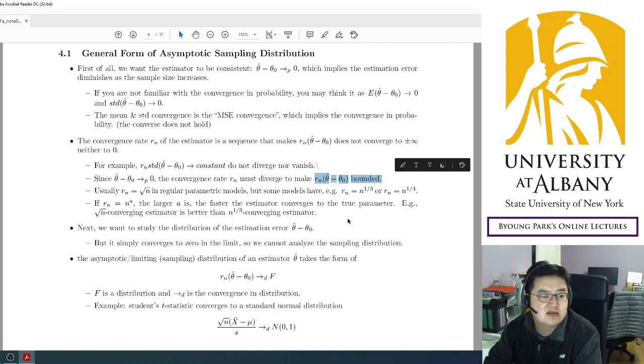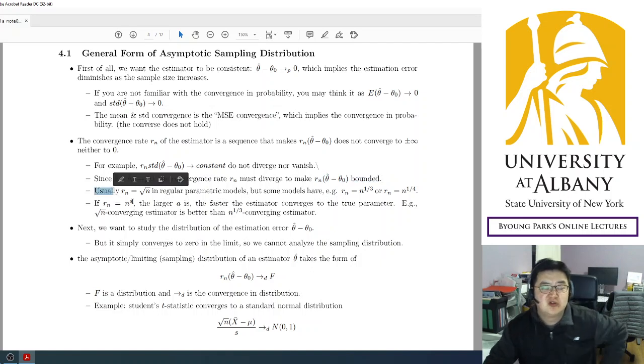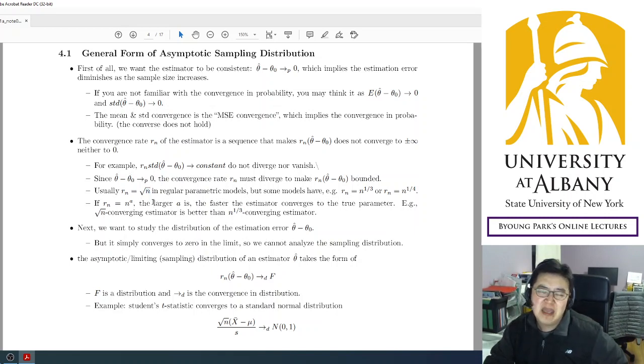Exactly, this is what I said. And usually the convergence rate is square root of n. Almost every estimator you see in this course will be square root n converging.